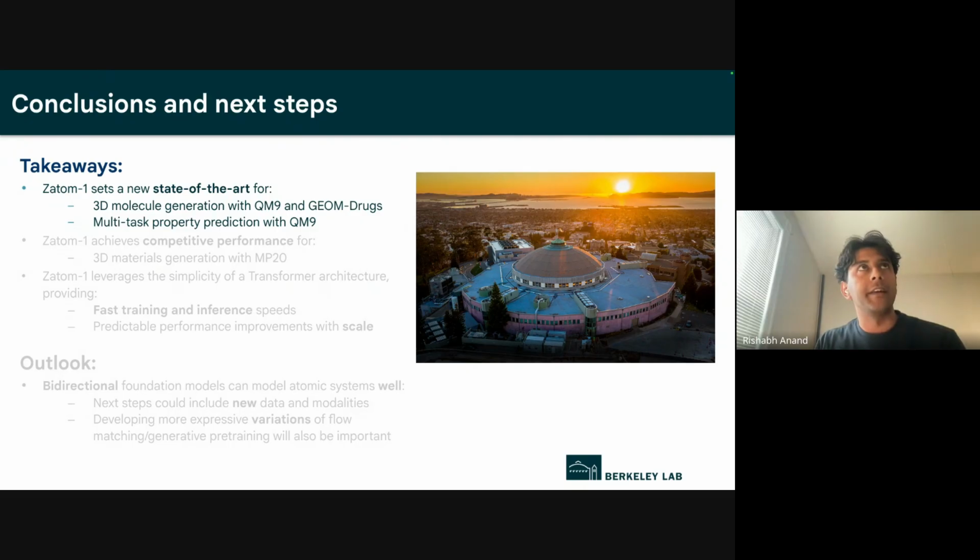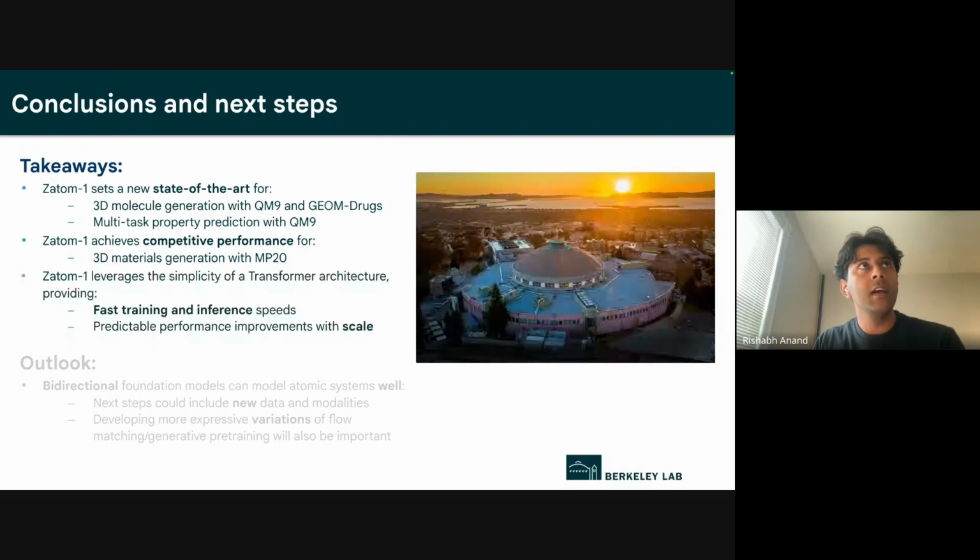So Zatom1, again, to reiterate, sets the new state-of-the-art for 3D molecule generation on QM9 and GEOM-Drugs, as well as multitask molecular property prediction on QM9-like datasets. We have achieved some pretty competitive performance on materials generation using datasets like MP20, and all of this put together, the team's really pushing OMol generation, which is very exciting to the community.